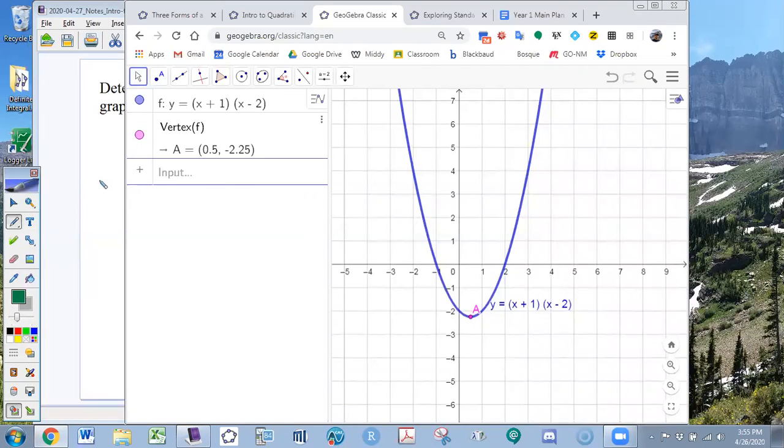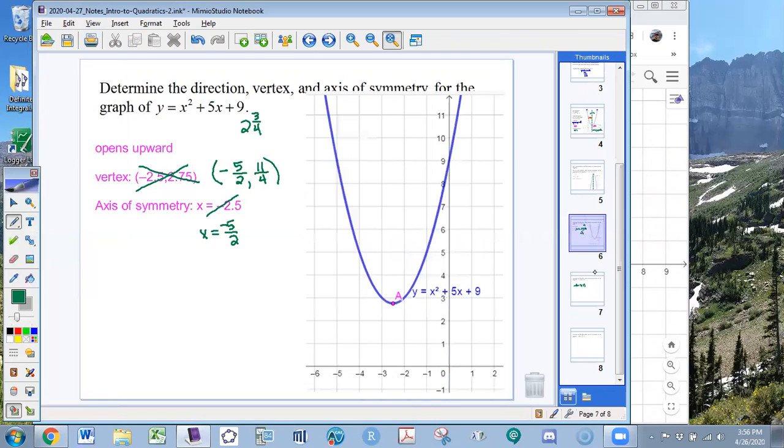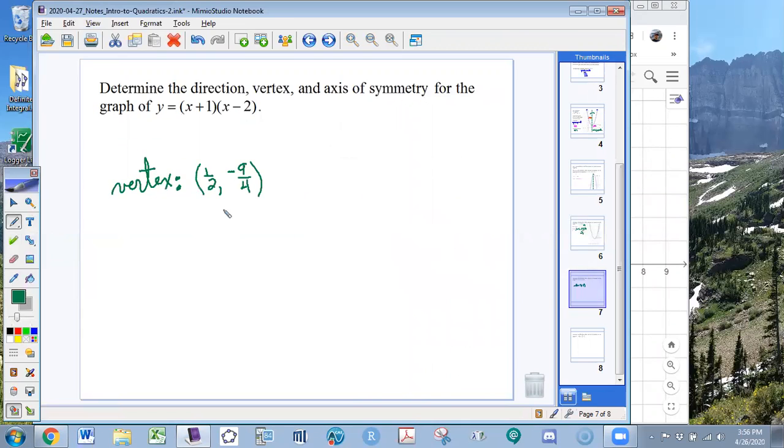But so we have 1/2 and -2.25 for our vertex. I will jump and do that first. So our vertex is at 1/2 and -2.25, which means -9/4. Again, just a coincidence that both of these had halves and quarters in them for now.